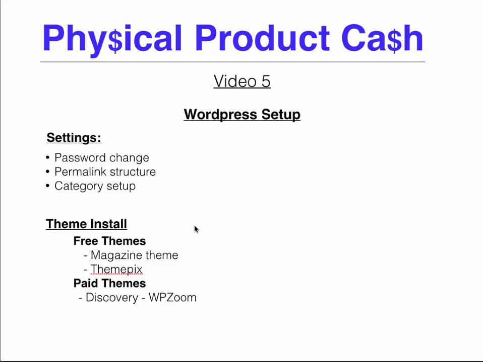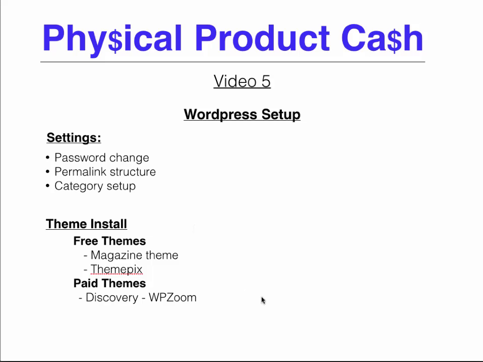I will also show one website which provides free themes with a lot of collections. And for paid themes, I normally use Discovery by WP Zoom. It's around $59 and it's a paid theme.